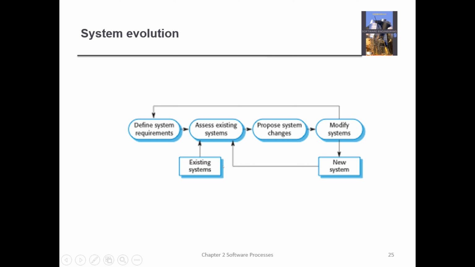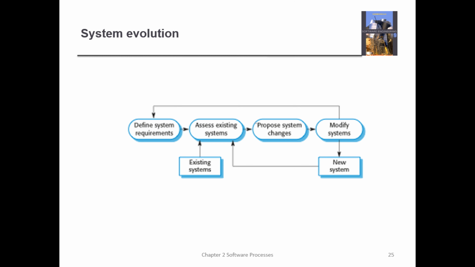So you can come up with a documentation showing the existing systems. Then propose the changes. After that, you modify the system, that is, you start to incorporate the new changes.